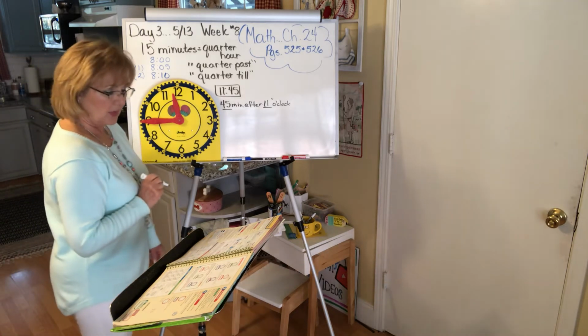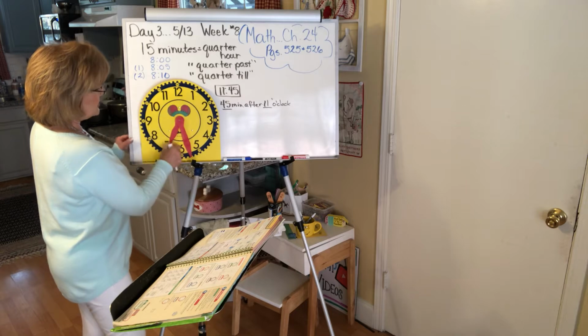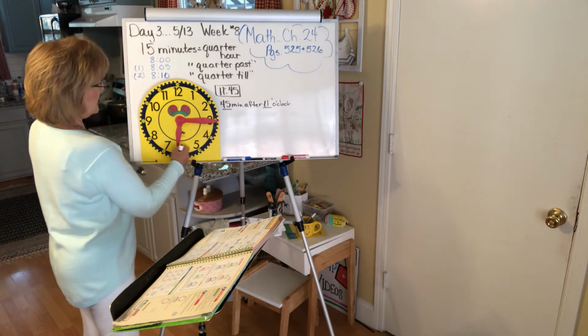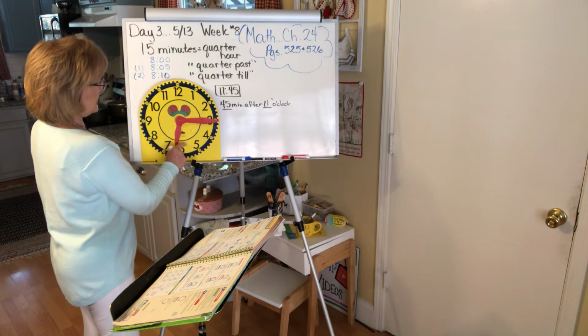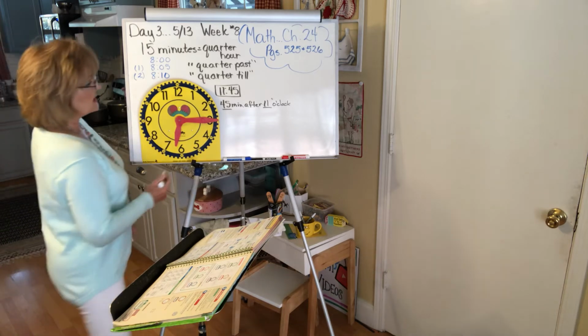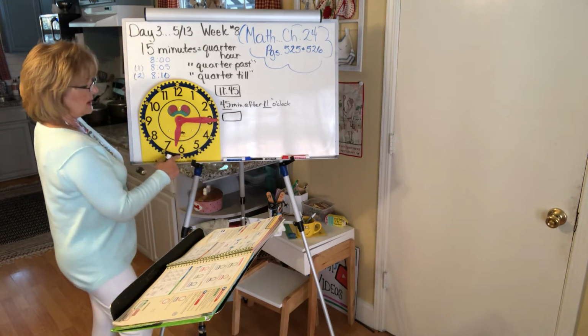So number 3 shows the hour hand halfway between the 6 and the 7, and the minute hand is, well, it's not halfway, it's past. The minute hand is on the 3. So what would that time be? What does the hour hand belong to?